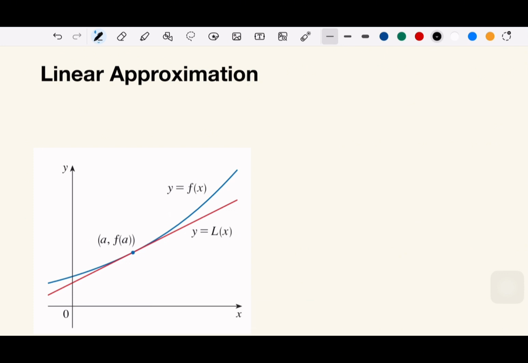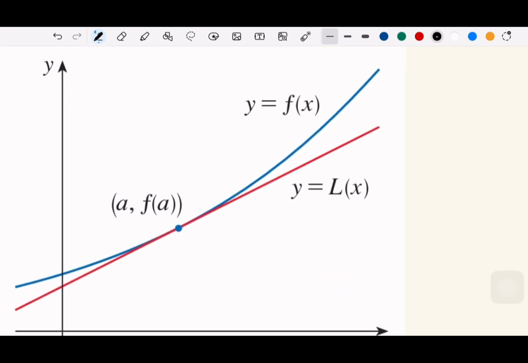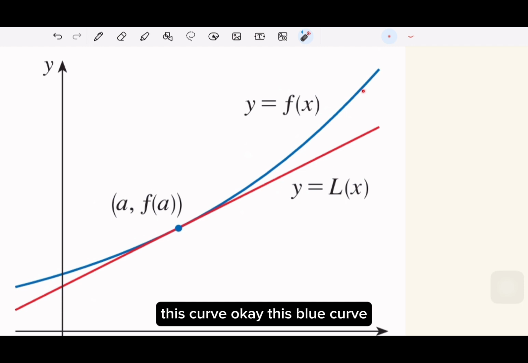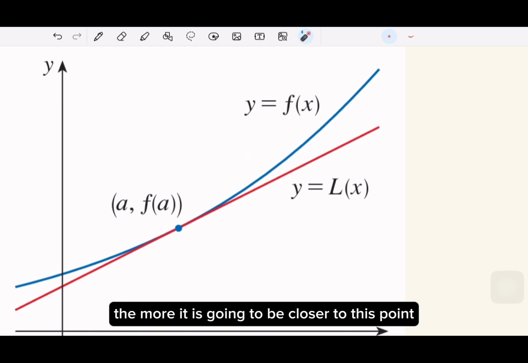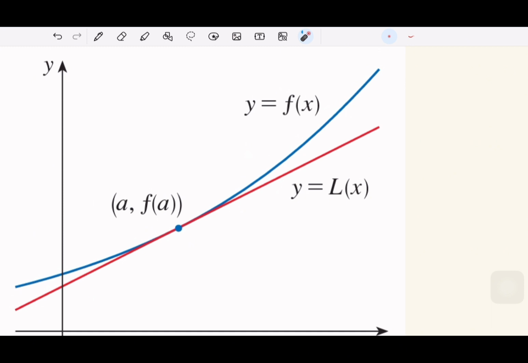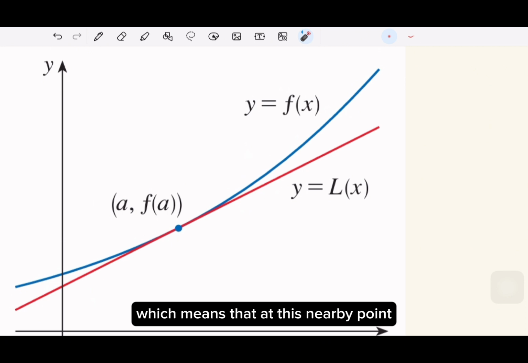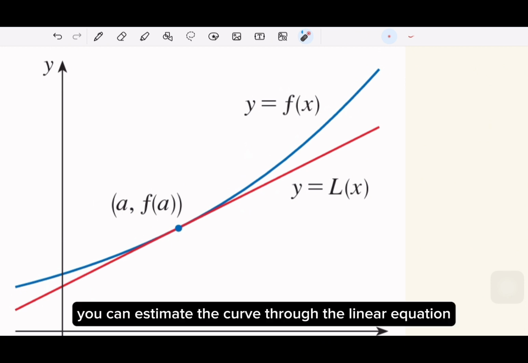If you see this curve, this blue curve, the closer it is to this point, you will see that the gap between the tangent line and the curve gets smaller, which means that at this nearby point, you can estimate the curve through the linear equation.